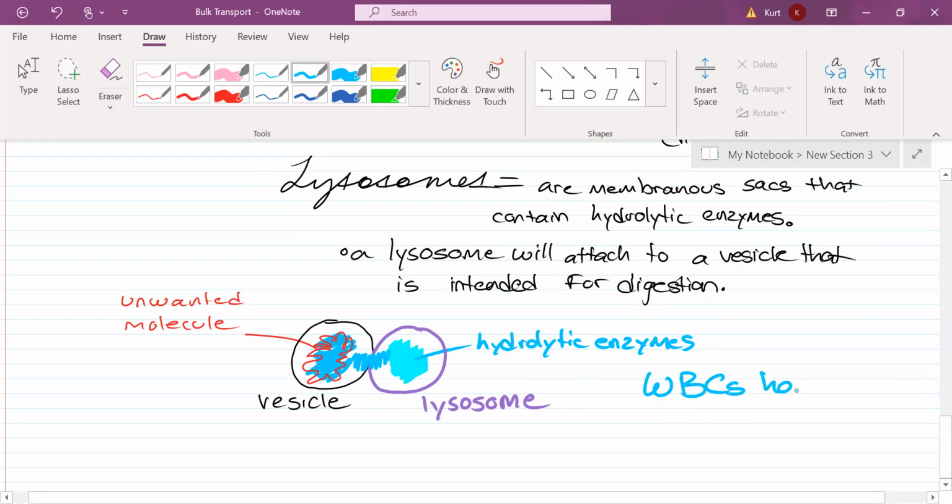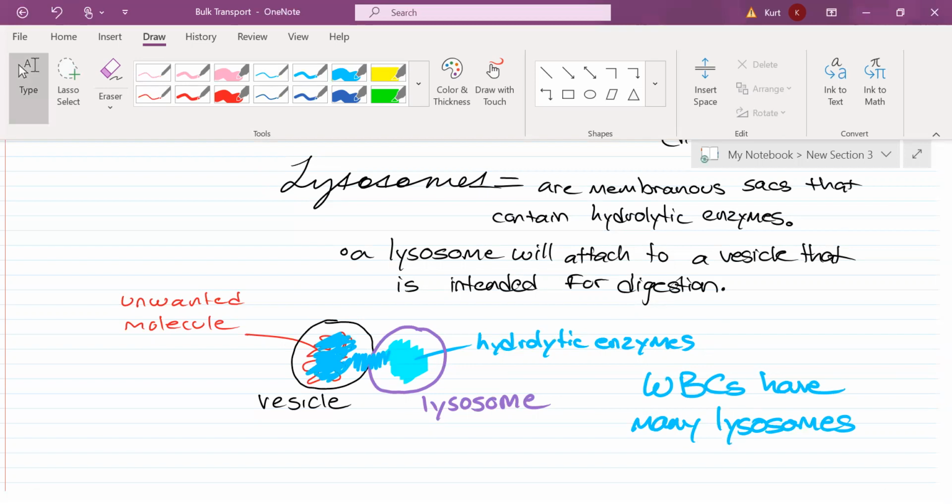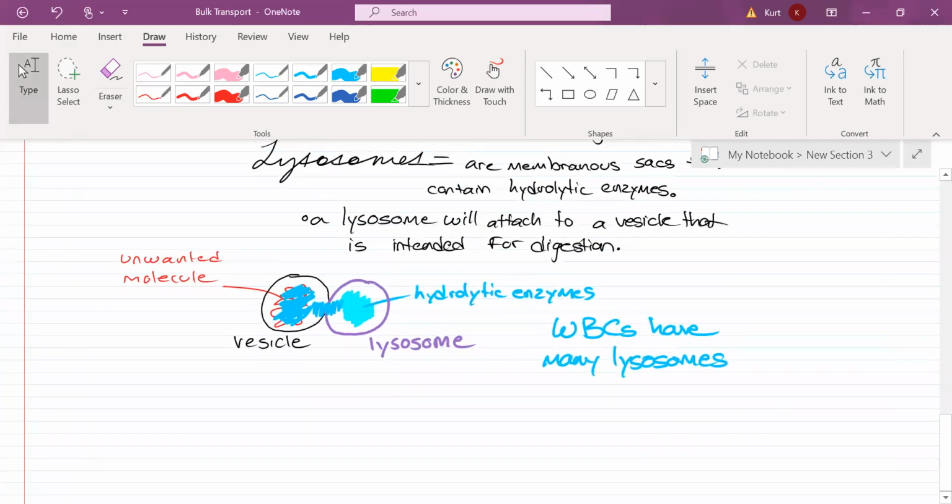WBCs have many lysosomes. The proper name for a white blood cell is a leukocyte, by the way. Okay. Let's carry on.